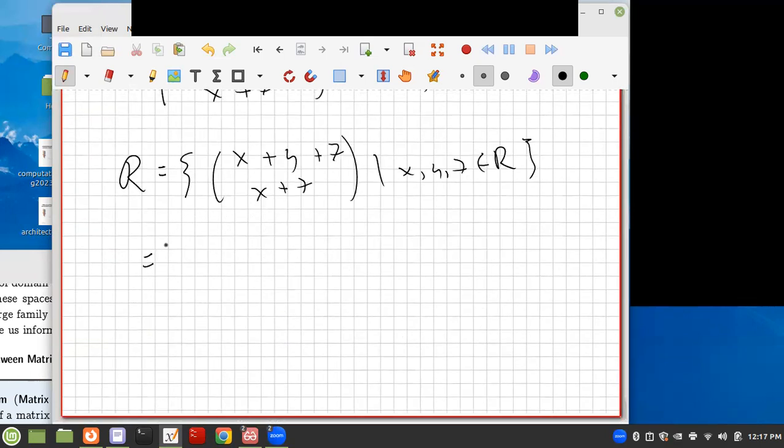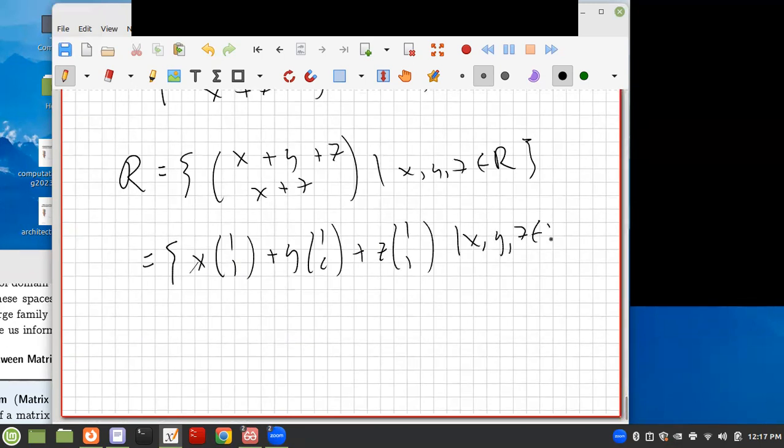And that's going to equal X times (1, 1), plus Y times (1, 0), plus Z times (1, 1), X, Y, Z members of R. And you can see right away that this vector and this vector are the same vector, so that we could appeal to the theorem. This is dependent vectors.